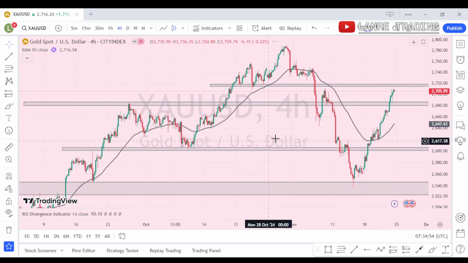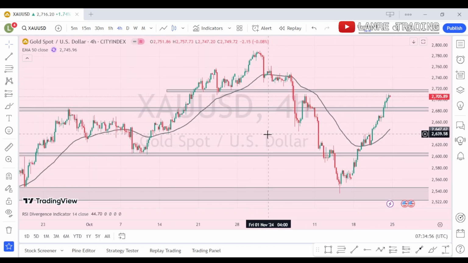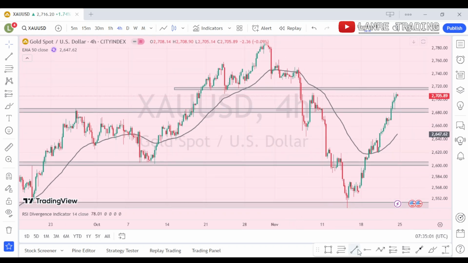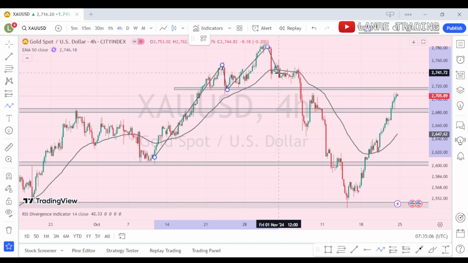Let me quickly map out some minor levels right about here. You see, price did something like this. This is a head and shoulder. Price did not respect this neckline. What did price do?